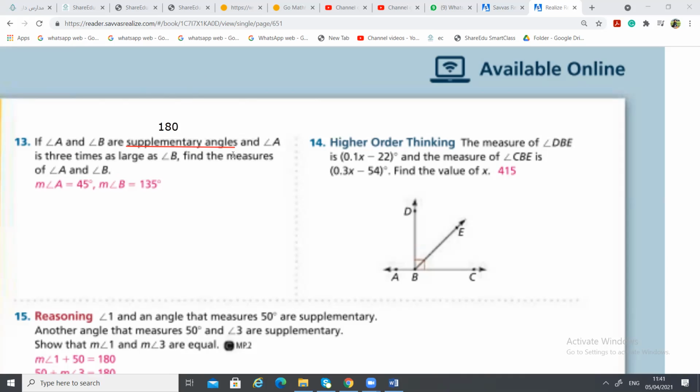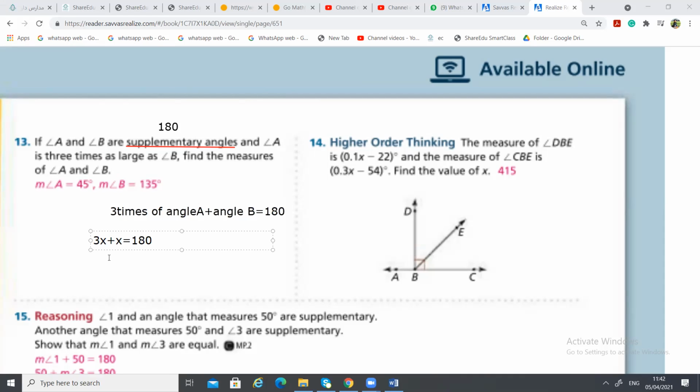They told clearly that angle A is 3 times as large as B, and find the measures of A and B. So 3 times angle A, let us say x, 3x, plus x equal 180.